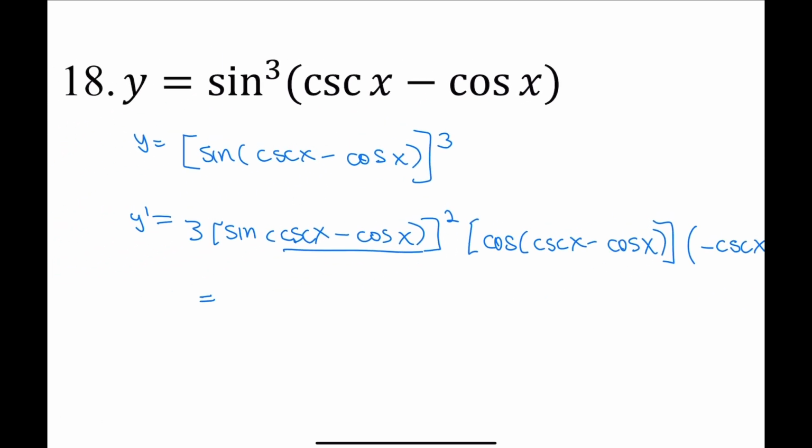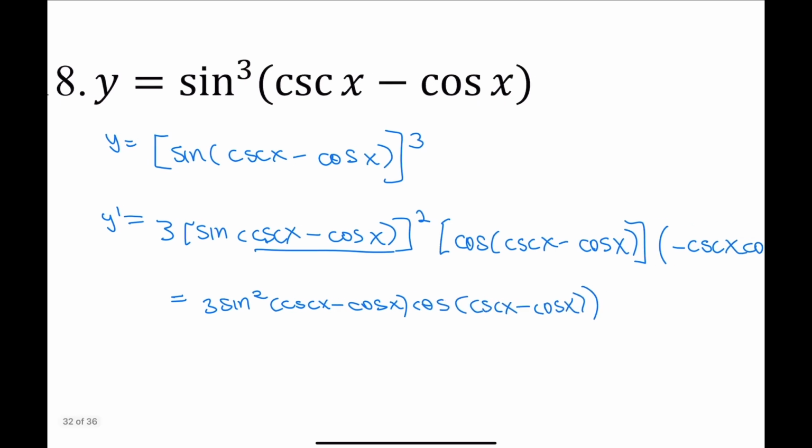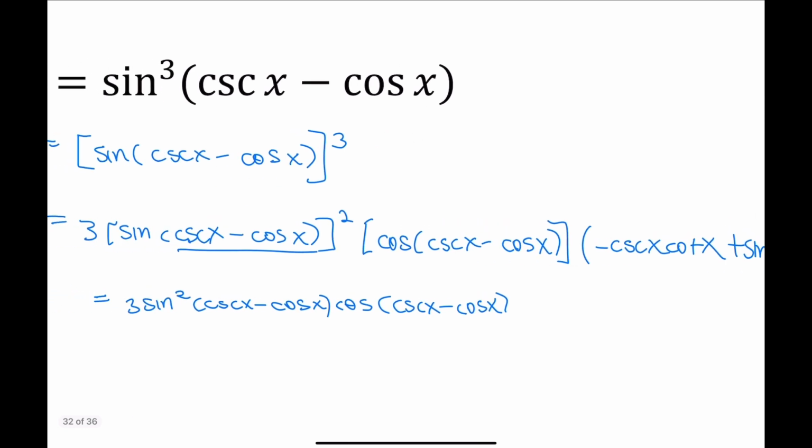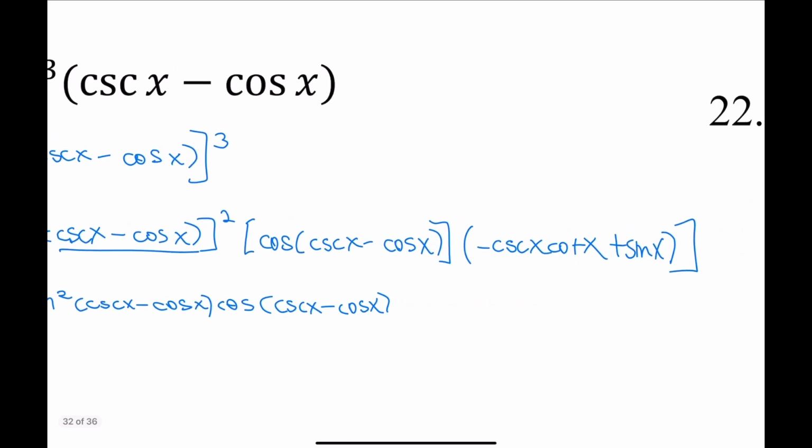And then we'll just do 3 sine squared of cosecant x minus cosine x, cosine of cosecant x minus cosine x. No, wait, yeah, sorry. There's one more parentheses, and then times negative cosecant x, cotangent x plus sine x.